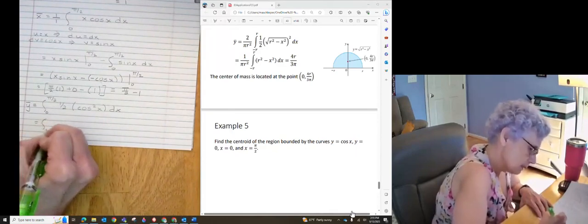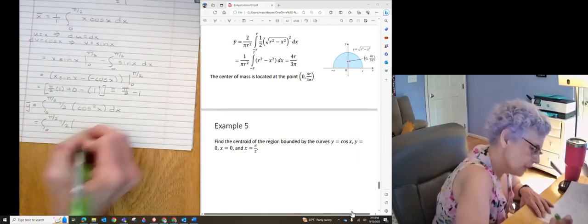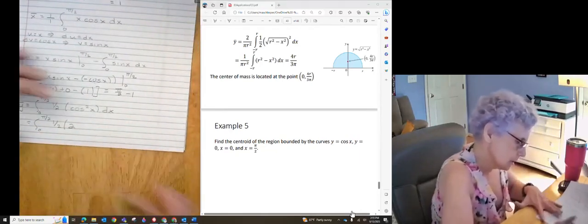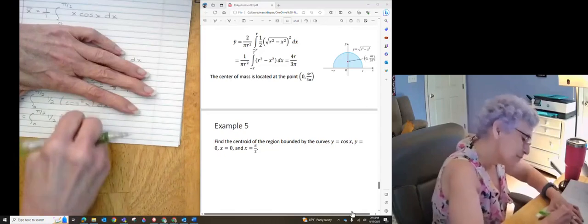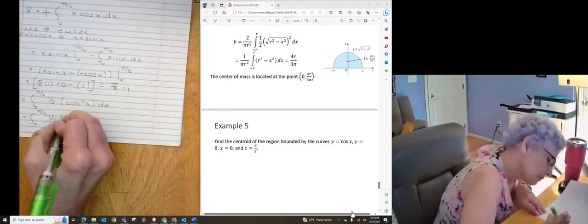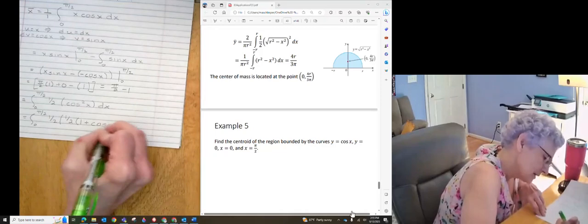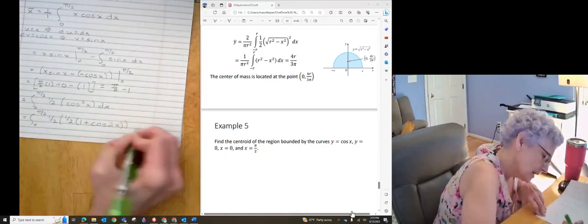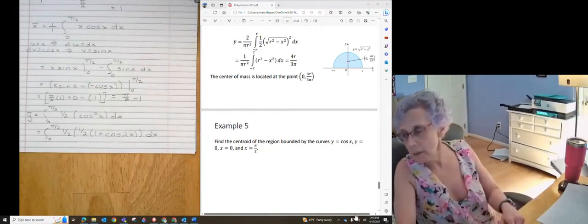So it would be 0 to pi halves, 1/2 of 1/2 times 1 plus cosine 2x.